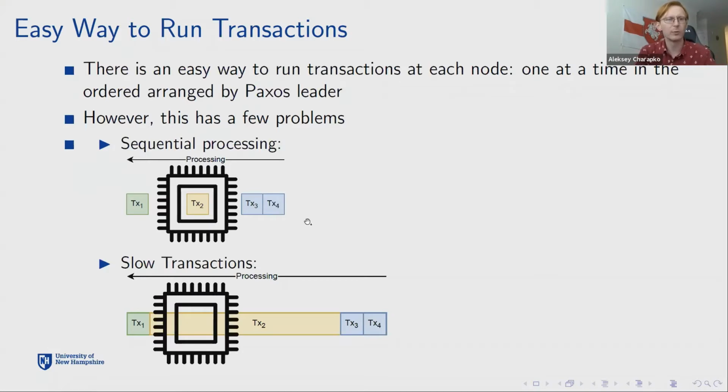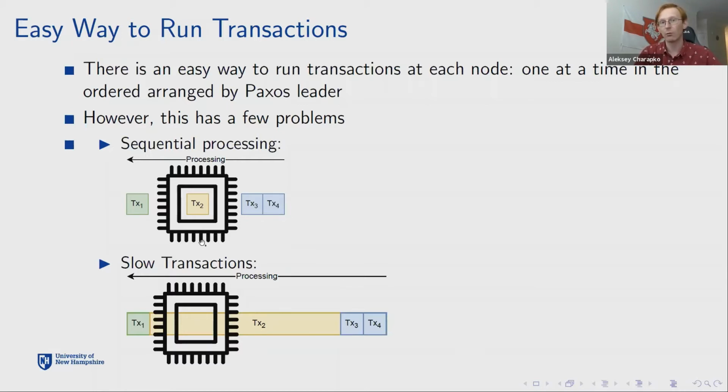So the second problem is the slow transactions, right? If we have one transaction that is slow, like in my case, this is transaction 2, maybe it's a very large transaction, it has a lot of things that it needs to compute. This will delay the processing of transaction 3 and transaction 4, right? So these slow transactions can manifest themselves in the tail latency of the system.